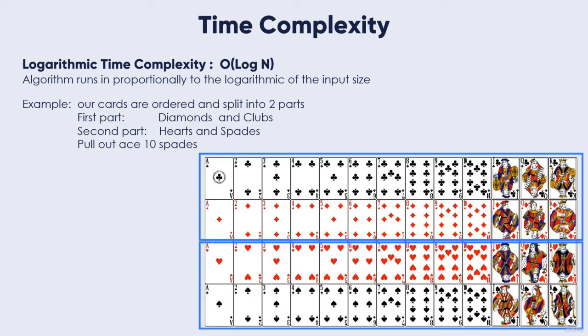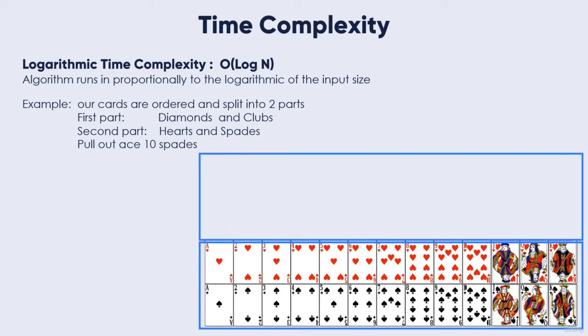So automatically, I'm not going to search in the first part because the spades are in the second part. I have removed half of these cards. They are 52. I have removed 26 cards.